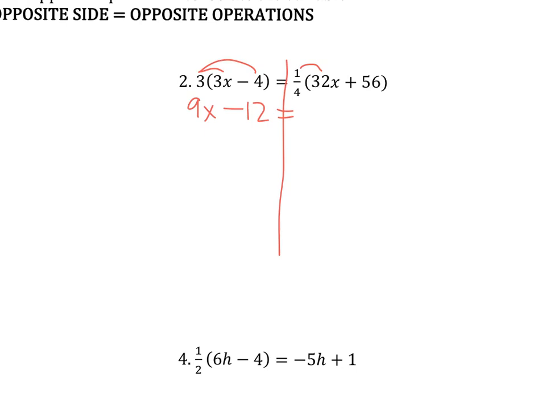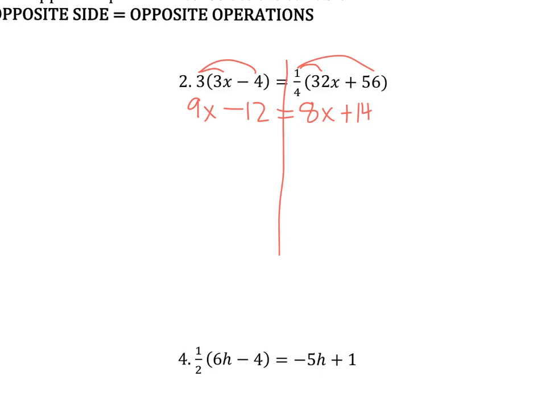So 1/4 times 32, I would do 1 times 32, which is 32. And then 32 divided by 4 is 8. And I keep the x with it. And then 1/4 times 56, so 1 times 56 is 56. Divide by 4, and that's 14, so positive 14. So just multiply the tops, divide by the bottom, okay?